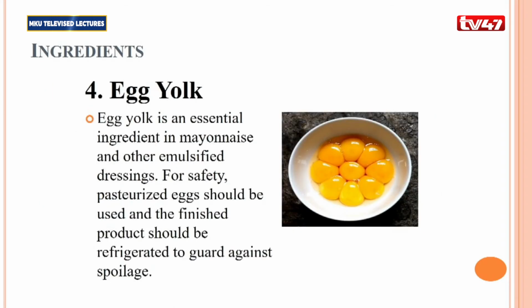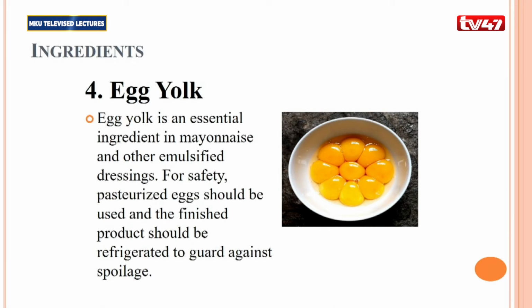Then the other important one is the egg yolk. You can see the egg yolk, and we've already removed the egg white. The egg yolk becomes an emulsifier, and when it emulsifies, it binds. That is why we use it in mayonnaise.